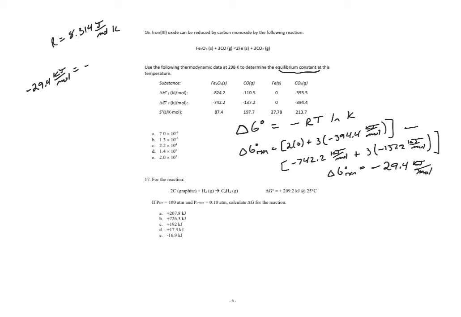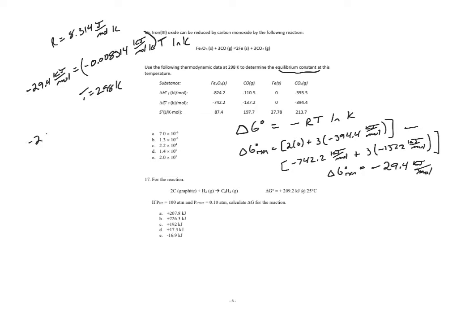So we need to make sure these energy units are consistent. I just divide my R by 1,000, so 0.008314 kilojoules per mole Kelvin, times T, natural log of K. The T that we're given in this equation is 298 Kelvin.